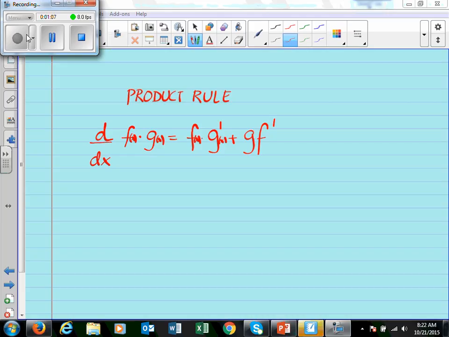And then, while we have the product rule, the next one is the quotient rule. So say you have the function d over dx of f over g.